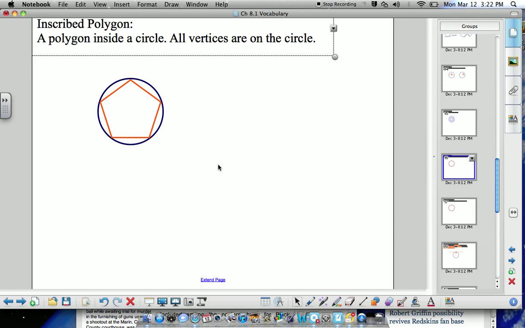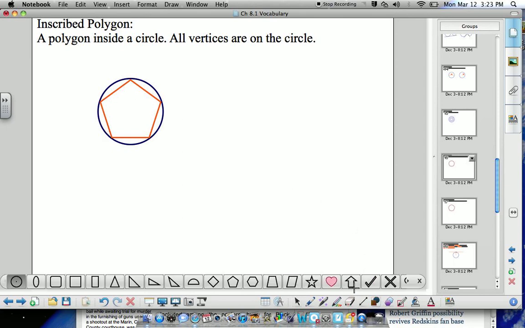An inscribed polygon. An inscribed polygon is a polygon inside a circle. All the vertices are on the circle. In this example, we have a pentagon that is an inscribed polygon. It is inside the circle. Pentagons are not the only thing that can be inscribed in a circle.